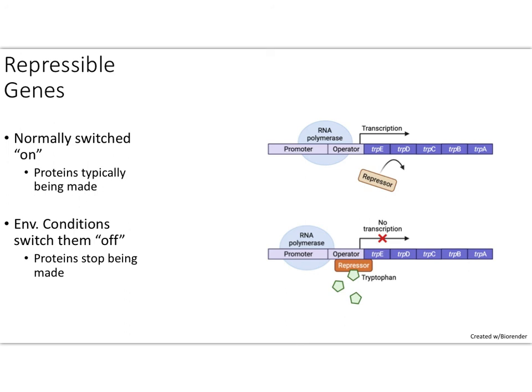Our example for this type of operon is called the trp operon. This operon is responsible for making proteins that will allow the bacterium to manufacture something called tryptophan.